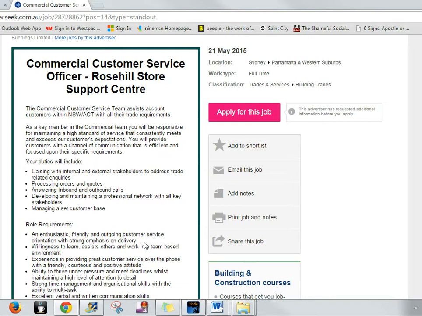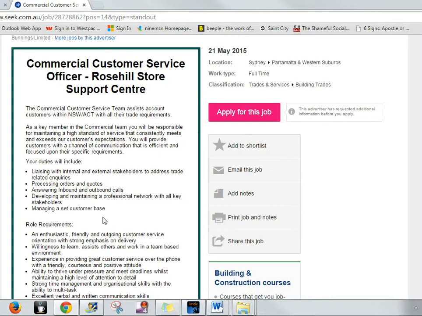But what generally happens first is that there is actually a computer system that looks at keywords that are basically in this ad. And if you don't have those keywords in your resume or in your cover letter, then unfortunately, no matter how great you are as a person, or even if you have the appropriate skills for that job, you will not be considered for the role because the computer system does not recognize any of the words in your resume or cover letter as being something that's been input into its system.